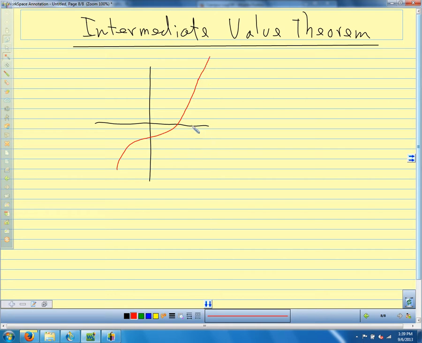And I'm going to call this point A and this point B. And I don't know what kind of polynomial this is. And this point is f of A, and this point is f of B.